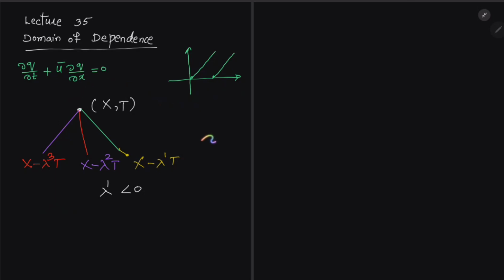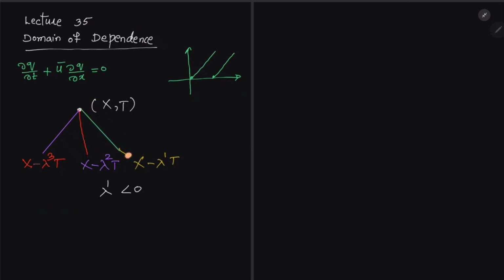Now, the question is, what is the domain of dependence? It means how this point is affected by these three points. This point depends only on them, since we know that the information travels on the characteristics.